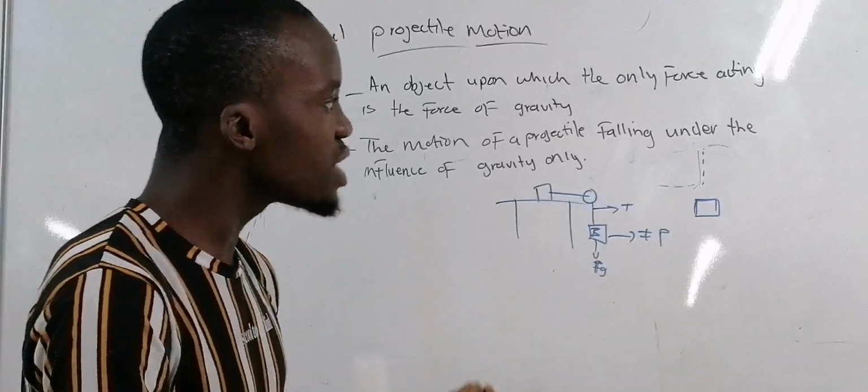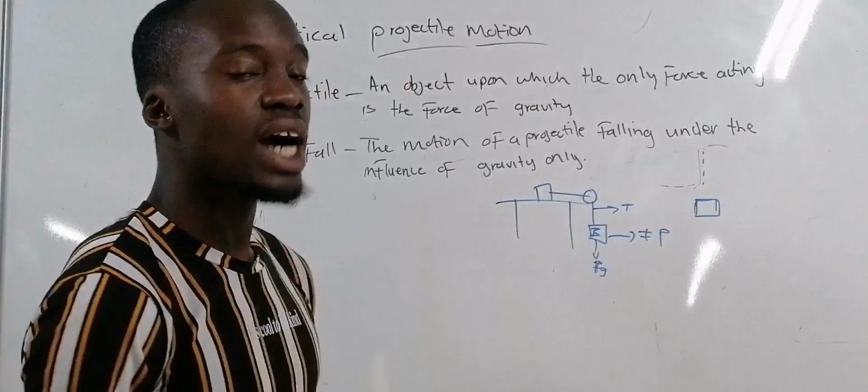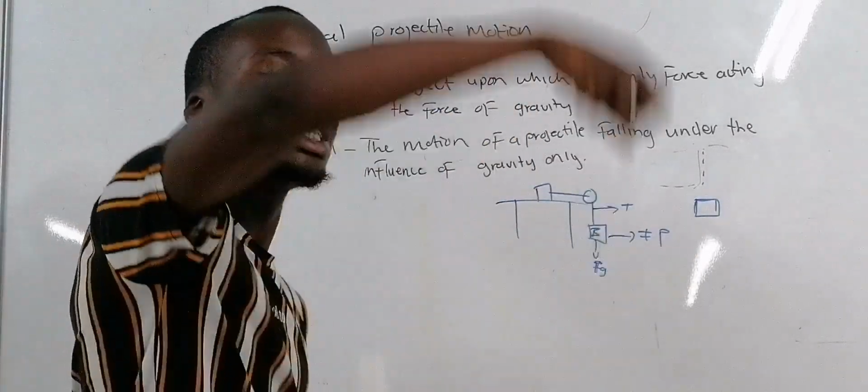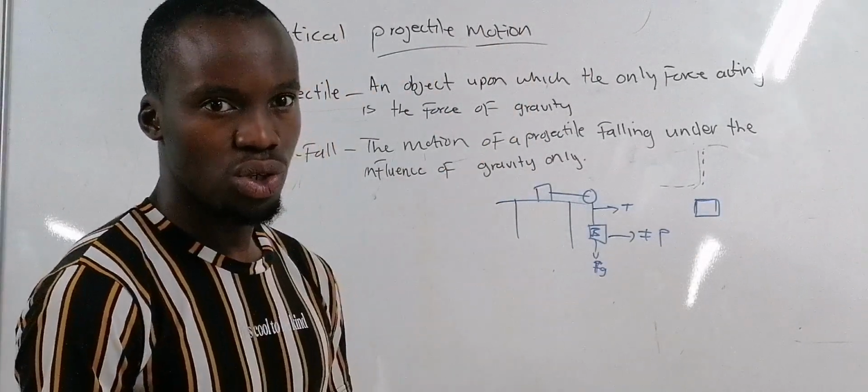You can just try, take a rock and throw it in the upward direction. When you throw it upward, there's no force that pulled it to go up. You understand that?